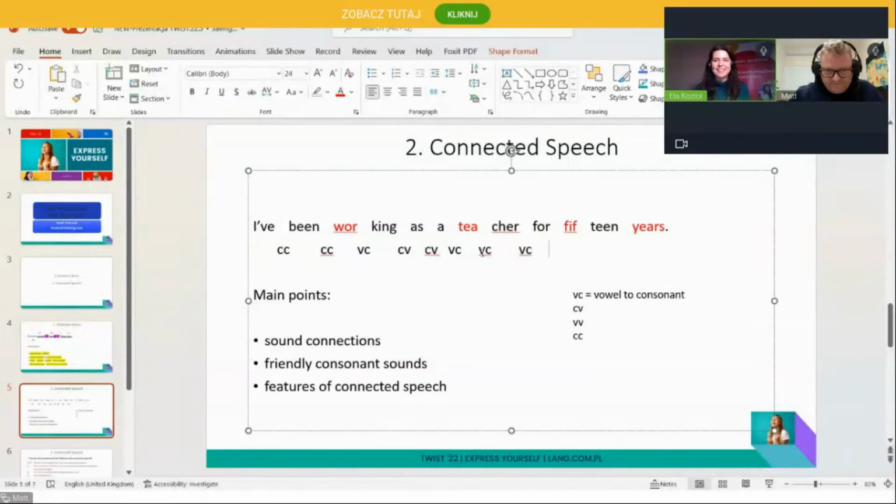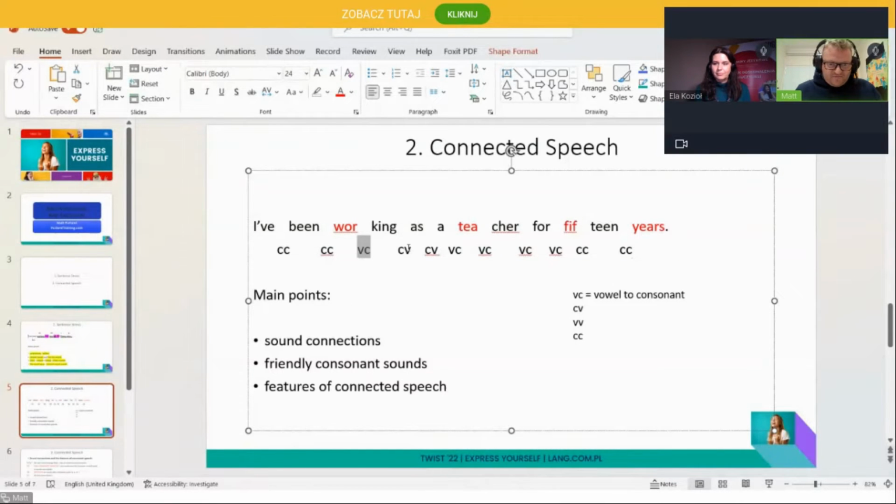"For fifteen", consonant to consonant. Then "historical", vowel to consonant. And "and is", consonant to consonant. Consonant to vowel. But "ear" is a consonant sound, okay, then it's consonant to consonant.